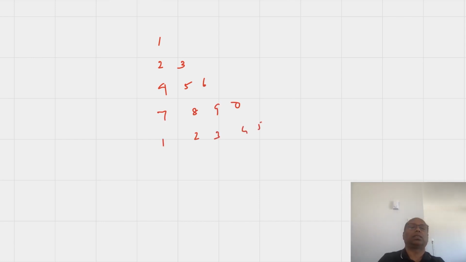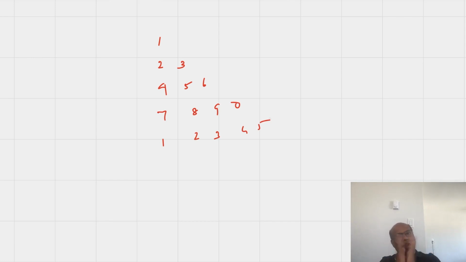Let's analyze another problem. Okay. I want the output to go like this. What do I want? 1, 2, 3, 4, 5, 6, 7, 8, 9, 0, 1, 2, 3, 4, 5. It goes like this. Okay. After 9, it becomes 0.